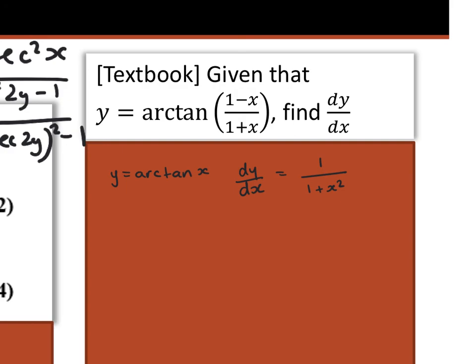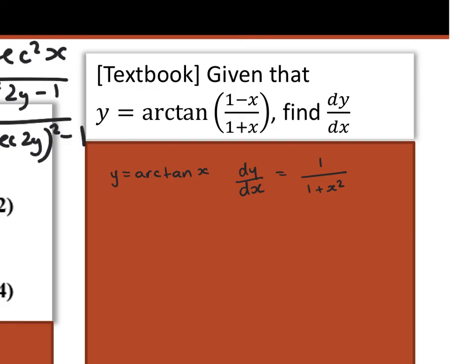So our x is this bracket. Remember, because this bracket is a function, we then need to multiply by the differential of the function. Because it's chain rule, isn't it?